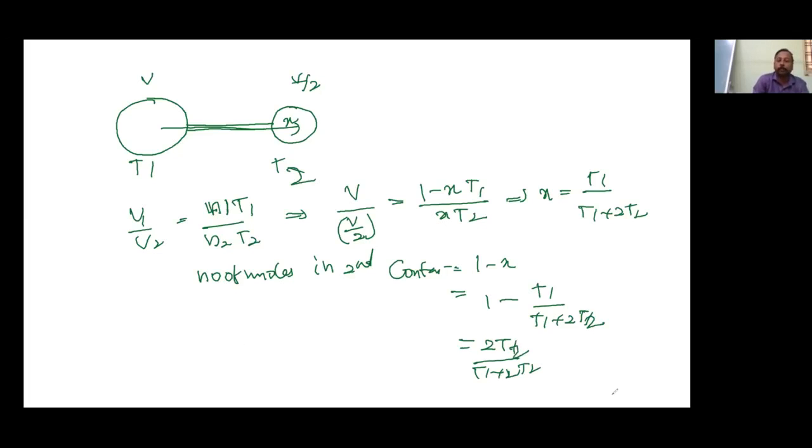Now the ratio of the pressure we have to find out. In the next line I am writing this about the number of moles. PV is equal to nRT, therefore pressure is directly proportional to the number of moles. P is the initial pressure, P dash is the final pressure.